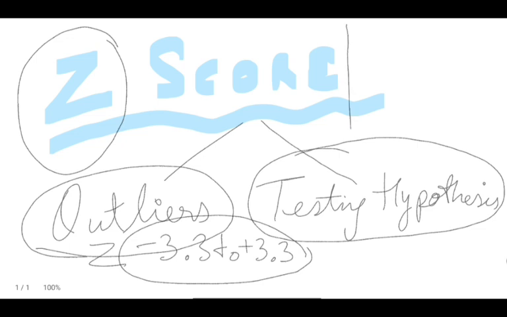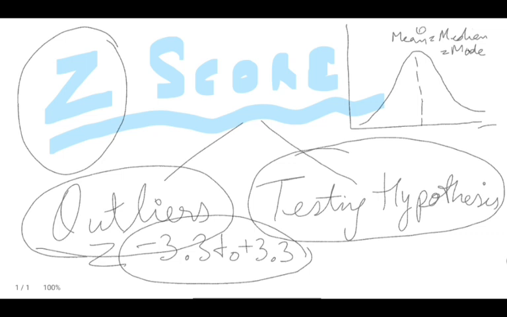This we can easily understand through the empirical rule of normal distribution, which I have explained in my previous videos also. So if this is a normally distributed bell-shaped curve, it has mean of 0 and standard deviation of 1, where mean is equal to median equal to mode. So in this case, the mean is 0 and standard deviation is 1.